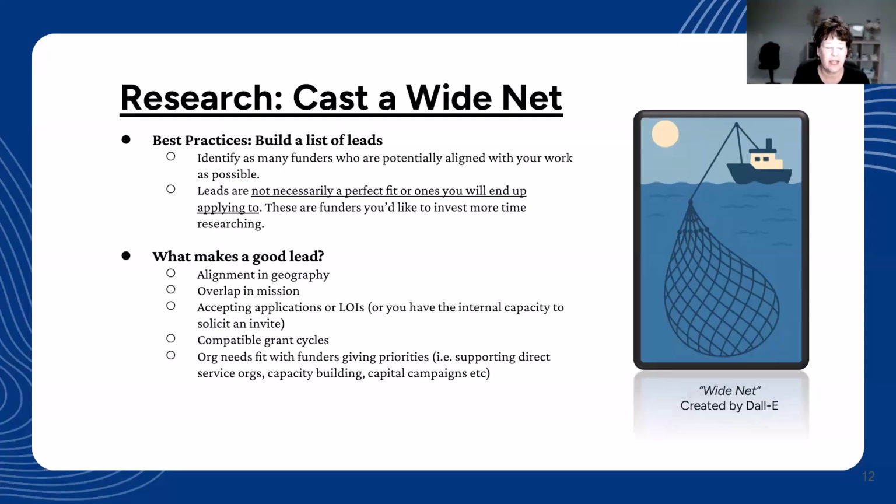So there are different things that would make something a good lead. Obviously you want alignment in the geographic area, whether a funder funds your particular city, an entire state, or across the nation. Always having that overlap in mission, to make sure that your organization and this funder really have a similar mission. Are they accepting applications?